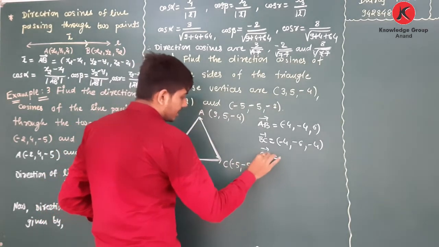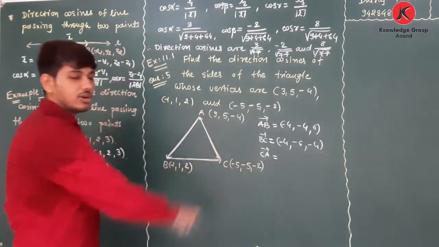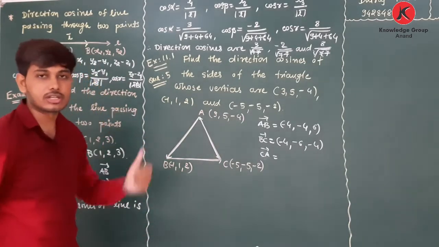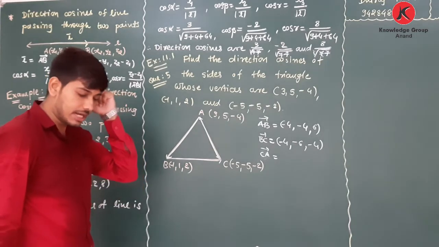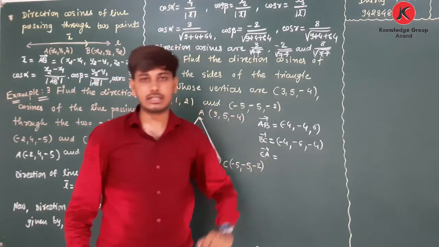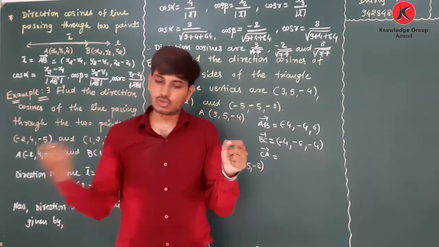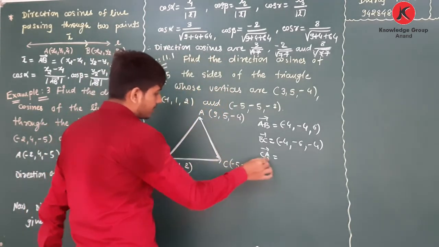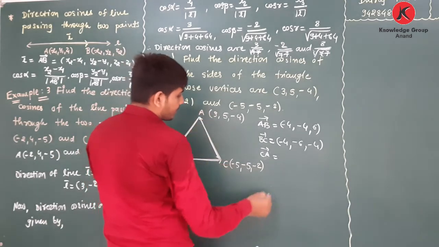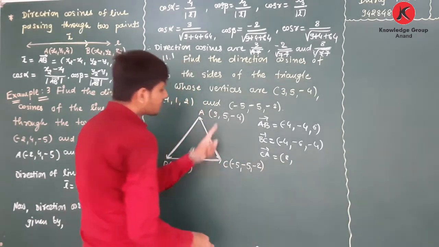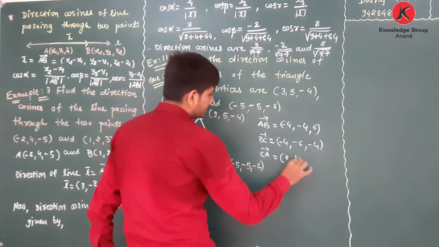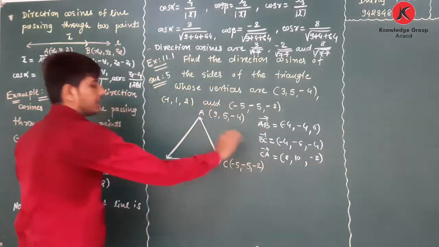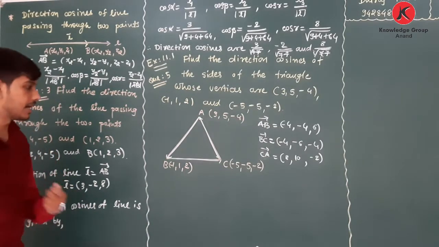CA और AC तुम कोई भी ले सकते हो, direction of line कोई भी हो सकती है, both are applicable, okay? Therefore vector CA which is equals to A minus C, 3 plus 5, 8, 5 plus 5, 10, and minus 4 plus 2, minus 2. Vector AB, vector BC and vector CA are ready.